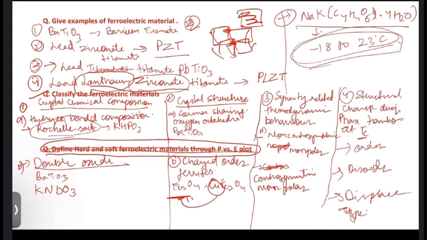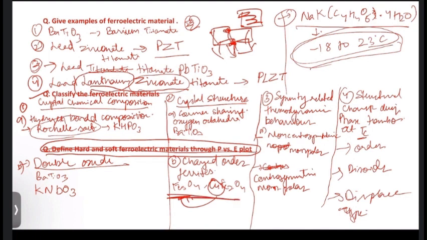Second, we have crystal structure, which has corner sharing oxygen octahedra, barium titanate, and we have charge ordered ferrites Fe3O4 and CuFe2O4. These are the two examples.